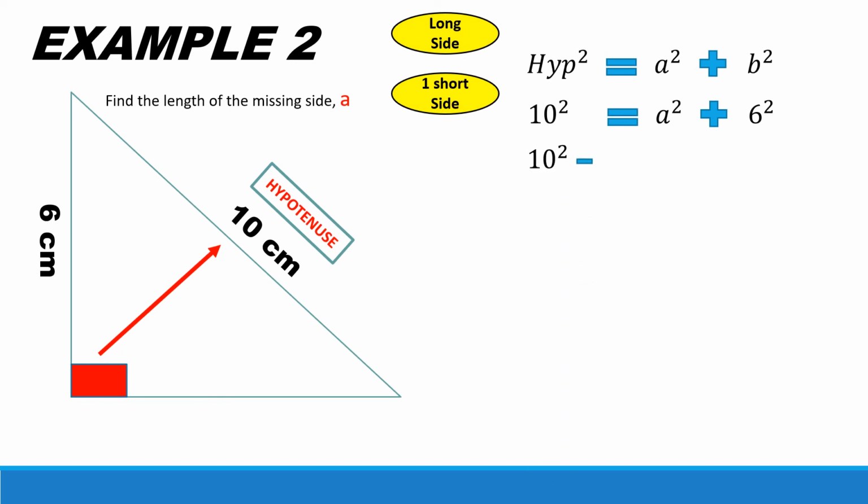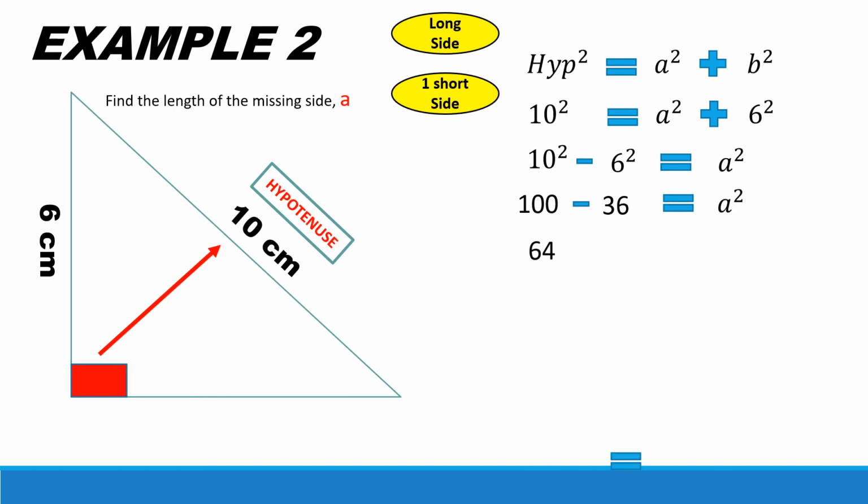10 squared is equal to, now we're going to have to subtract the 6 squared. So we're going to move plus 6 squared over to the left hand side of this equation, equal to a squared. So 10 squared is 100, 6 squared is 36, equal to a squared.